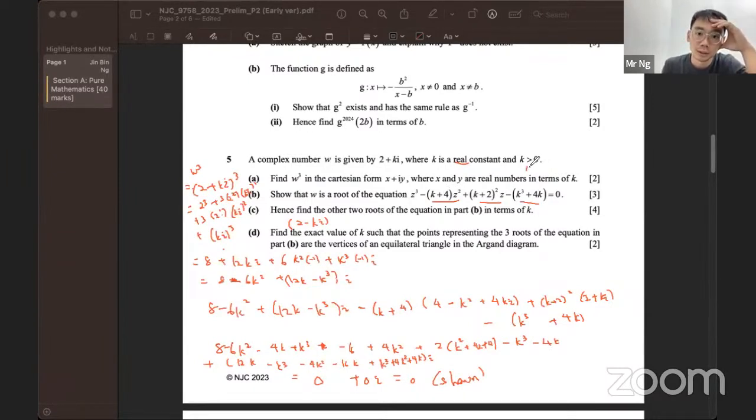This one is k bracket k squared plus 4. Right? No. Yes. I think we can't do that.